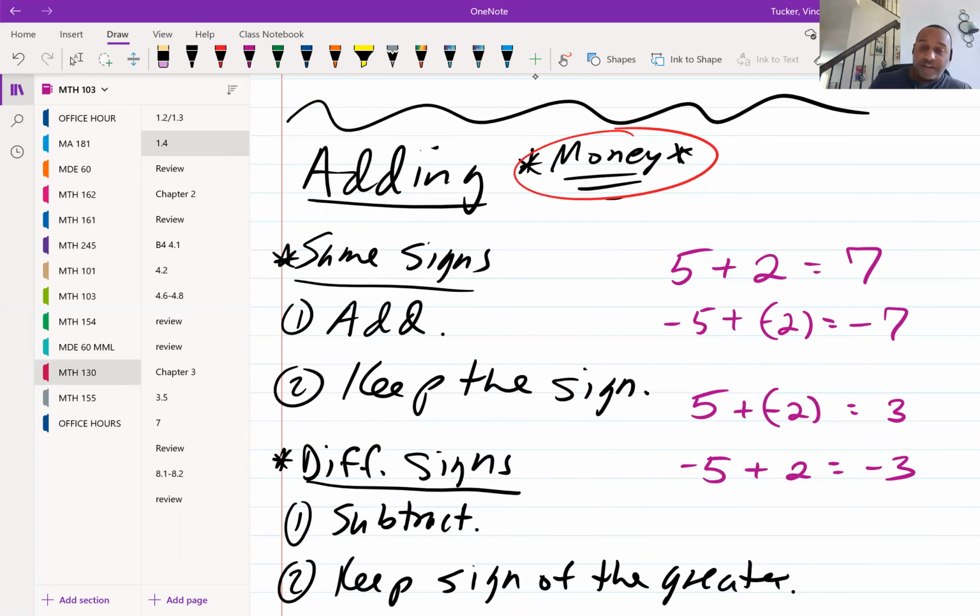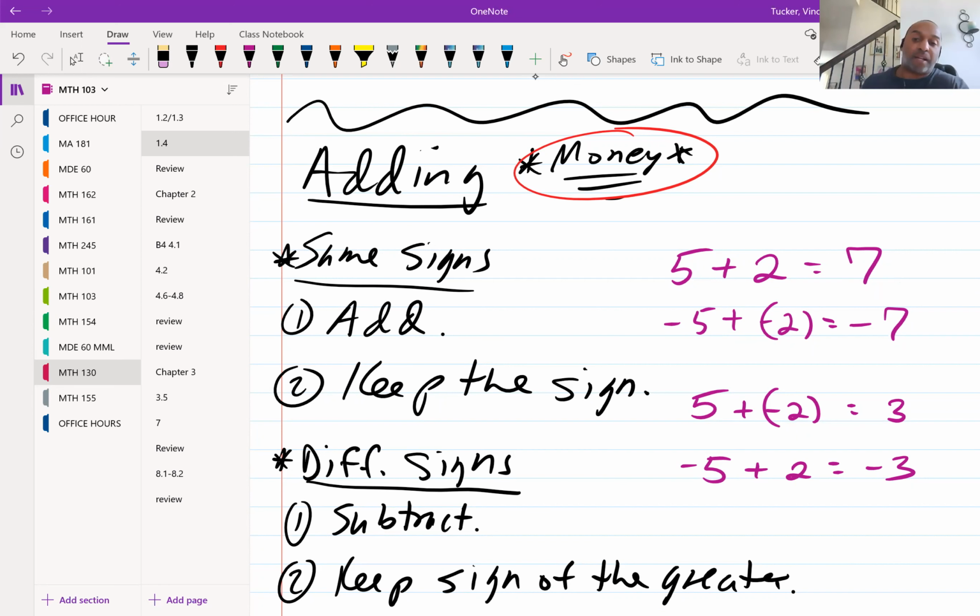But if I'm -5 in my account and I go further negative, it doesn't go positive. So negative and a negative, you just add them together and keep that sign.